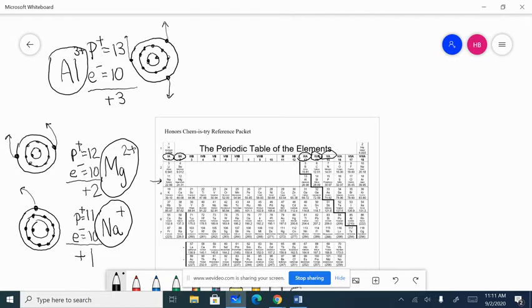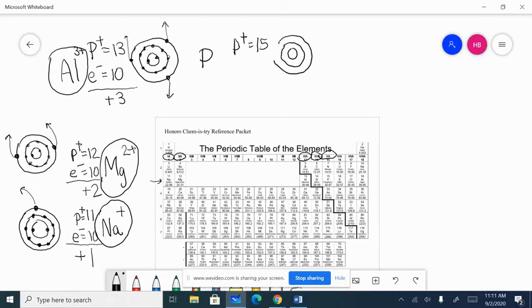Let's go to the 5th family here, the nitrogen family. And in the 3rd principal energy level, we would be dealing with phosphorus. Phosphorus has 15 positive protons. And when he's an atom, he has 15 negative electrons too.